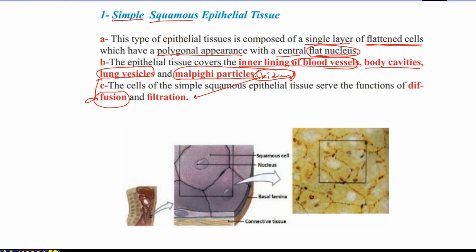About drawing the tissue, we need to draw a basement membrane for all kinds of epithelial tissue, with a thicker part of connective tissue which connects the epithelial tissue to the other body parts. The basement membrane, or basal lamina.